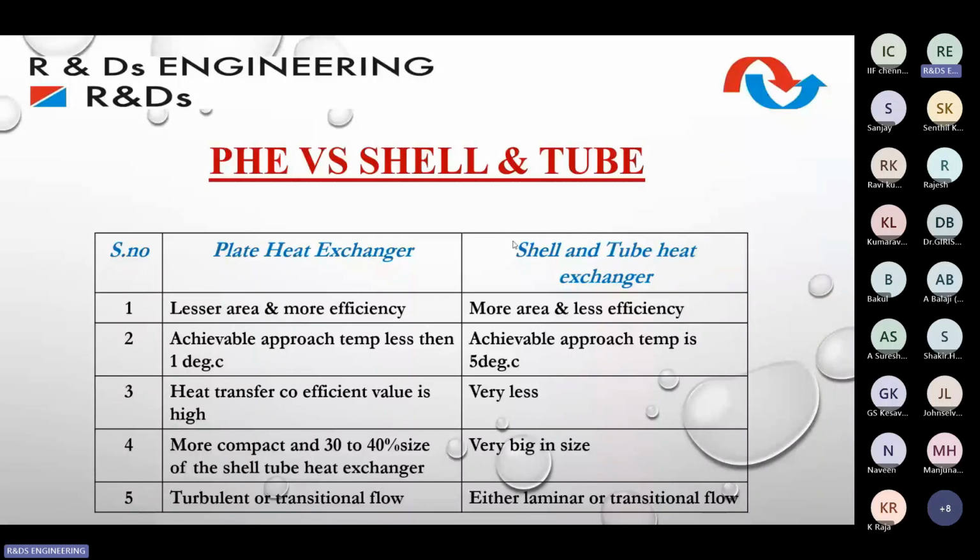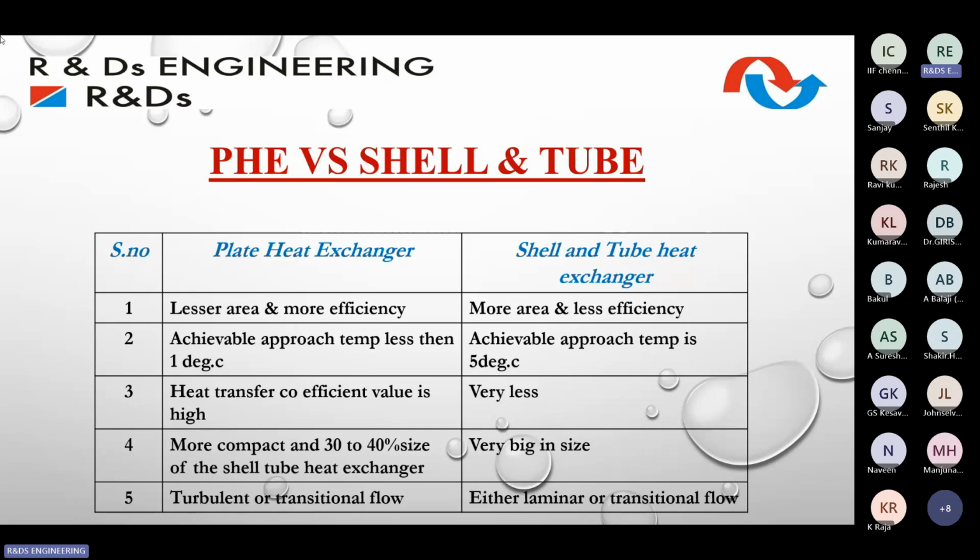See, generally the plate heat exchanger size is one third of the shell and tube heat exchanger because of the high heat transfer coefficient value. For example, to perform 100 kilowatt heat duty, suppose the shell and tube heat exchanger requires 10 square meter, then the same heat duty with the plate heat exchanger can be done with 3 to 4 square meter.